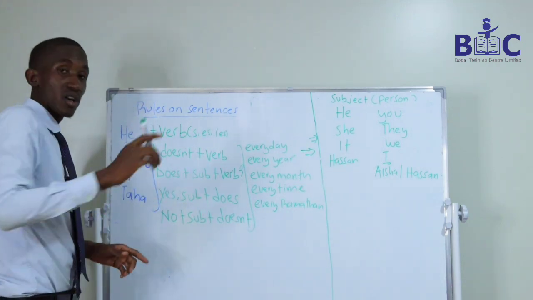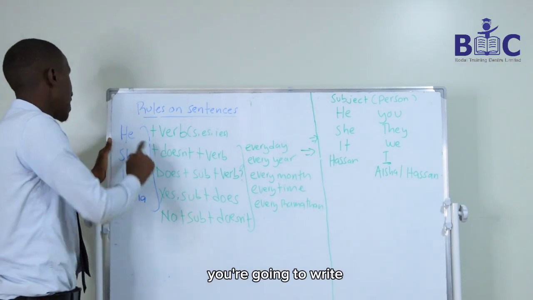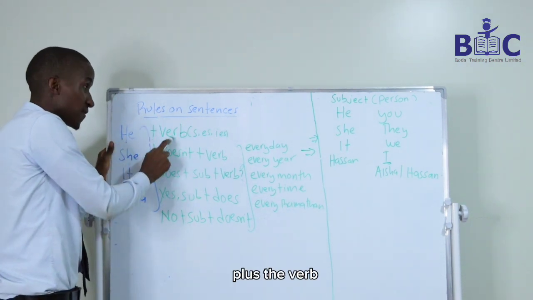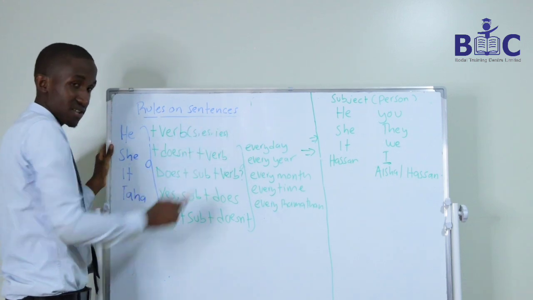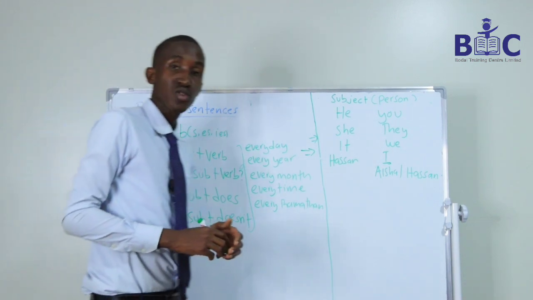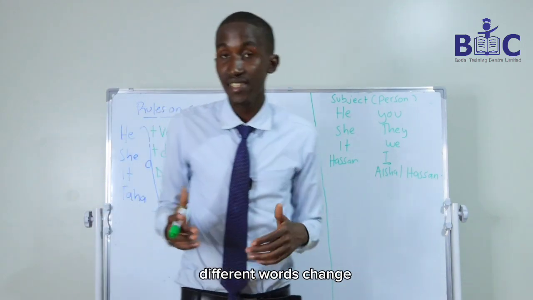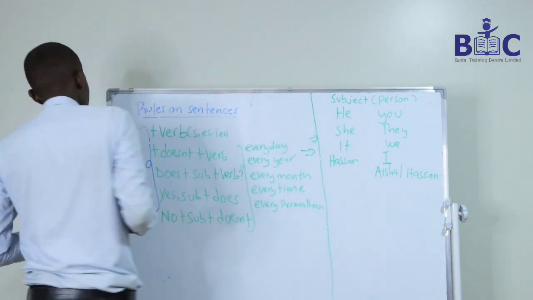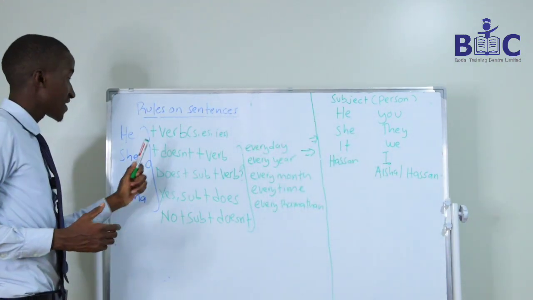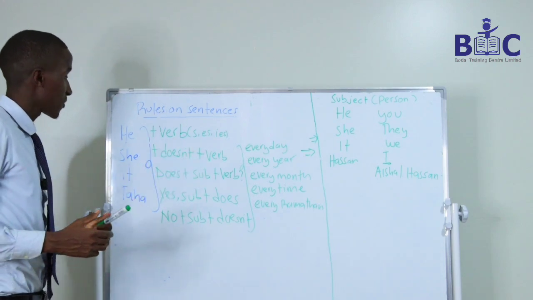Now here, on the first one, you're going to write he plus the verb plus s, es, or ies. Remember, I told you about how different words change in our previous unit. The next rule you're going to write doesn't plus the verb.